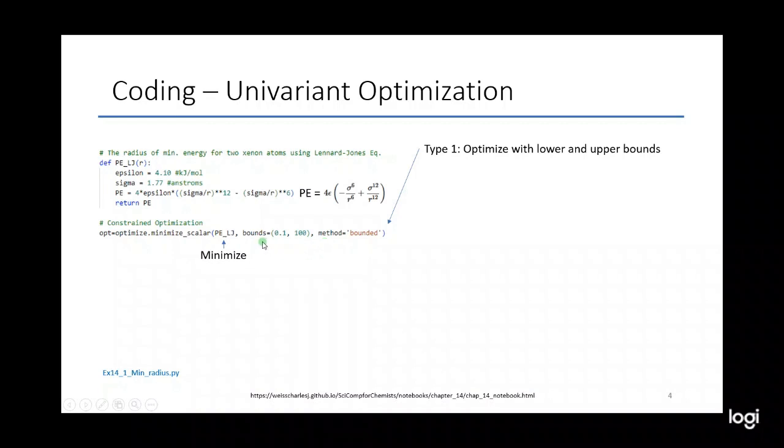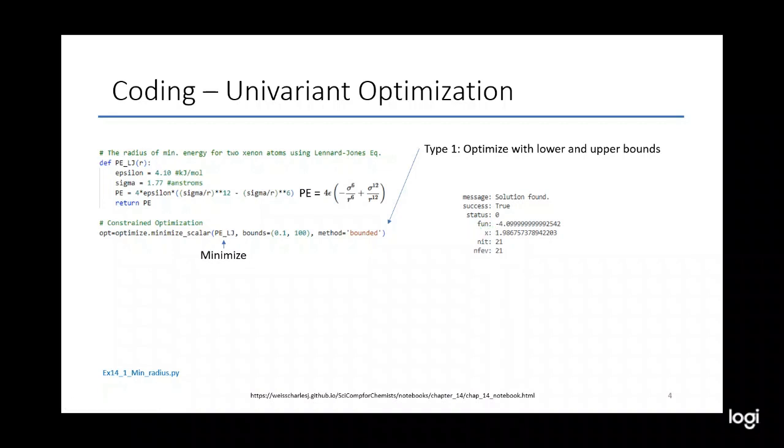For bounds, we specify the lower and upper bounds of the x domain, and we select bounded to perform constrained optimization. We got this result after the optimization. We found the minimum when x equals 1.986 and y equals negative 4.09.